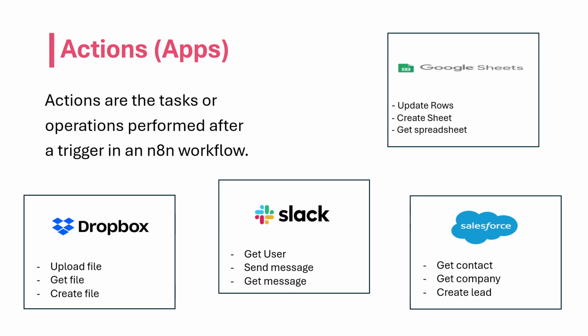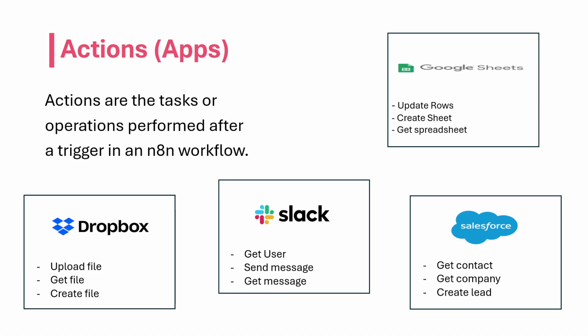So it requires certain applications which help with actions, like Google Sheets, which updates rows when there are certain modifications in the rows, creates a sheet, or fetches the spreadsheet. Then in the Dropbox application, we can upload, get, download, or create a file.